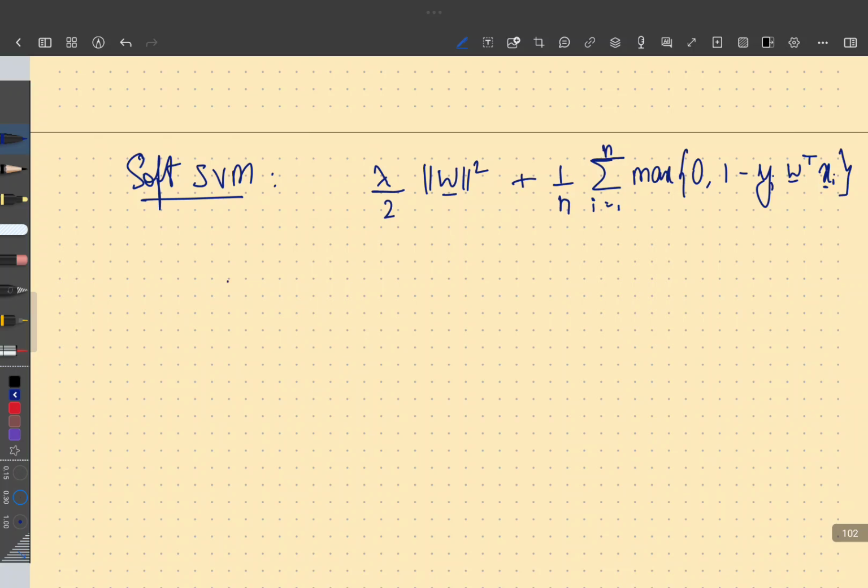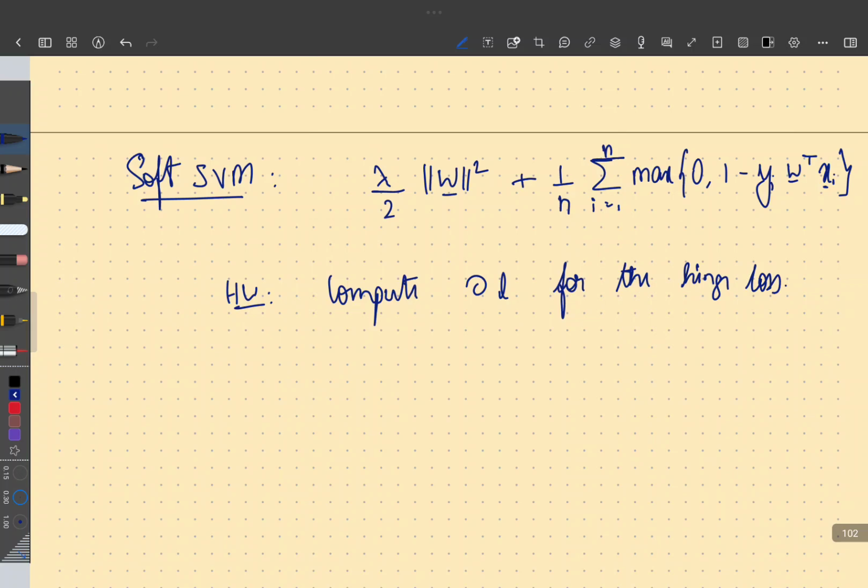Right. So here's a homework. Compute the subgradient set or subdifferential set for the hinge loss. All right.